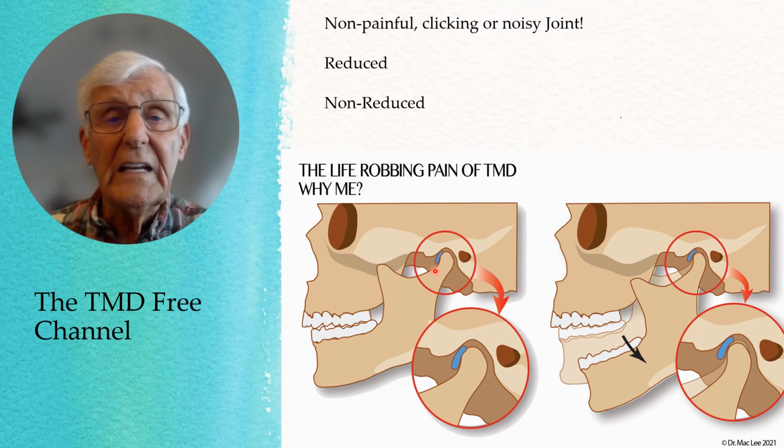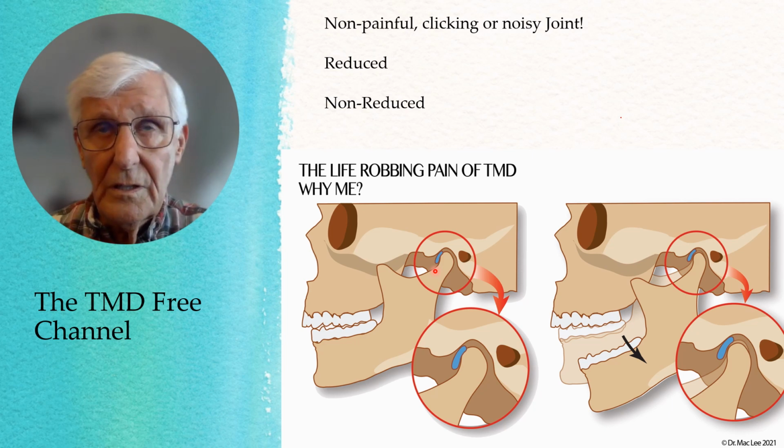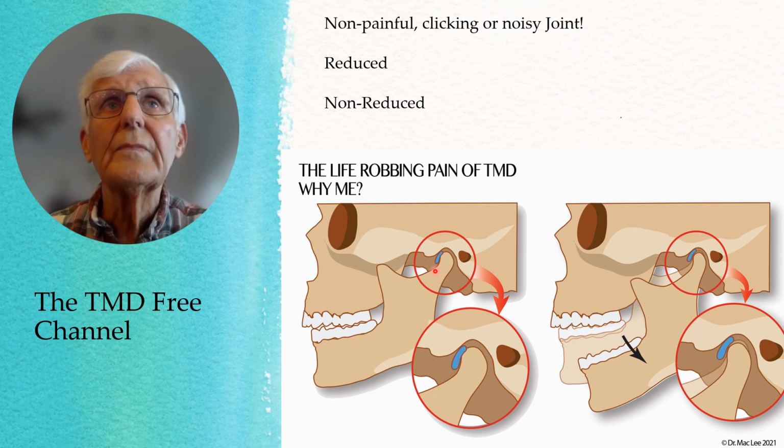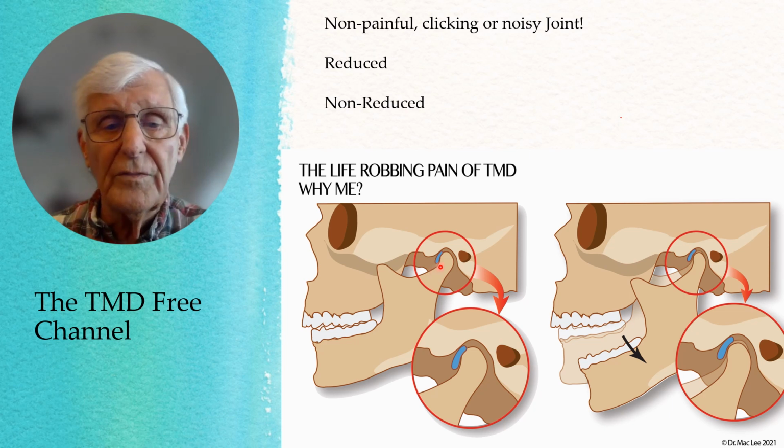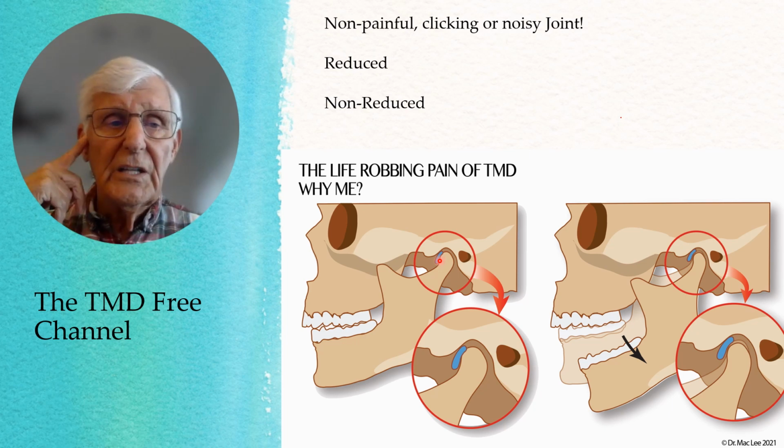In fact, on a non-reduced click, what's happening is that the disc is so far in front of the condyle that it gets in the way of the condyle doing its proper job. So let's say that the disc is off the condyle, way off the condyle on the right side of the jaw.